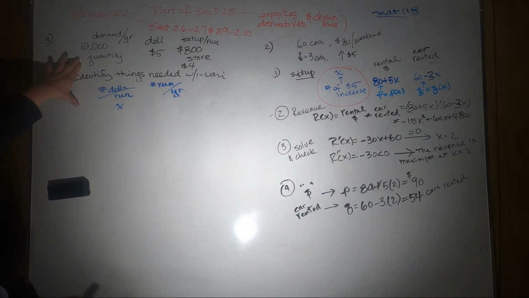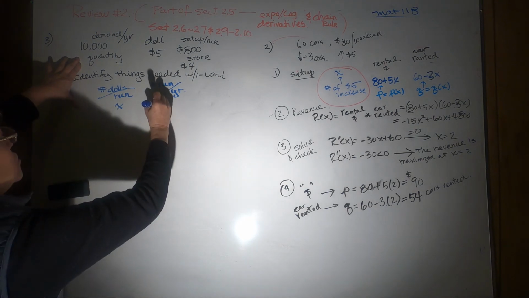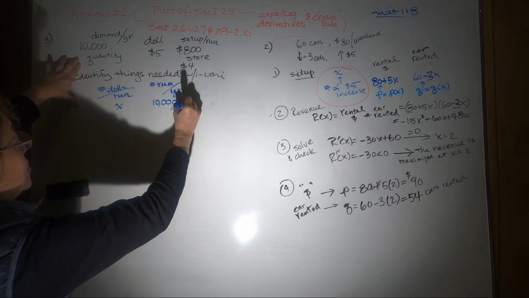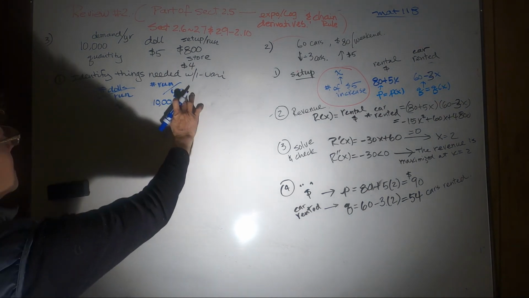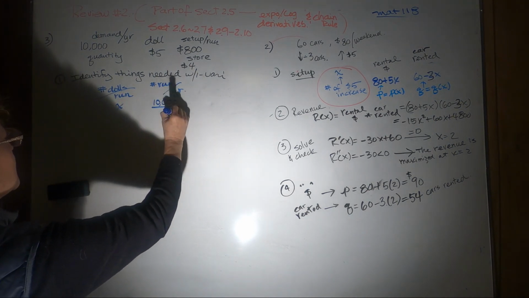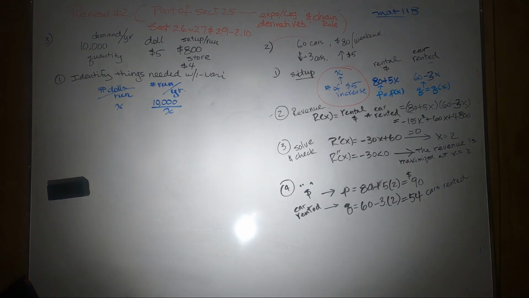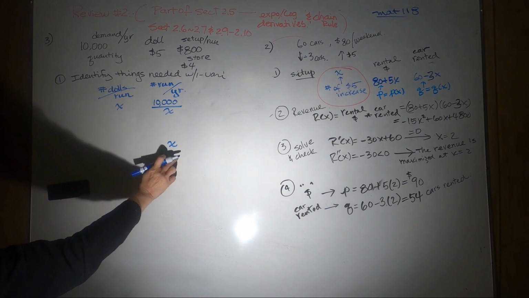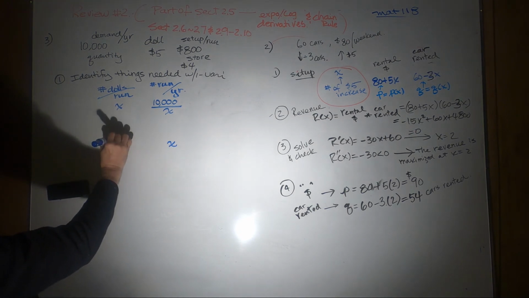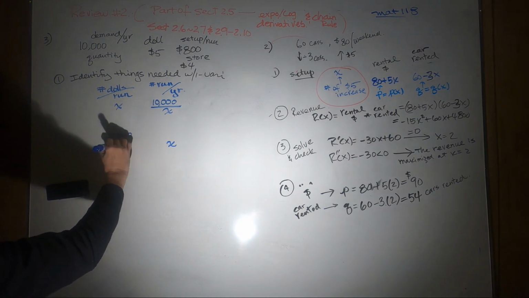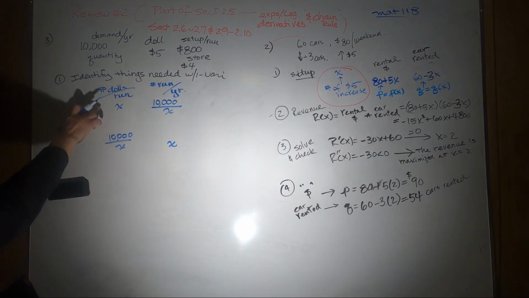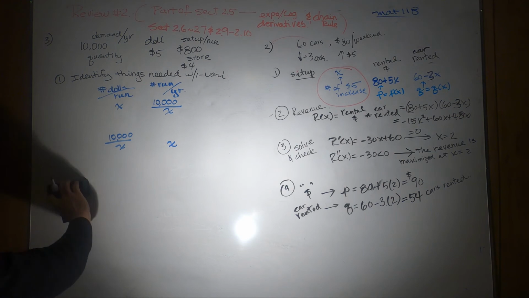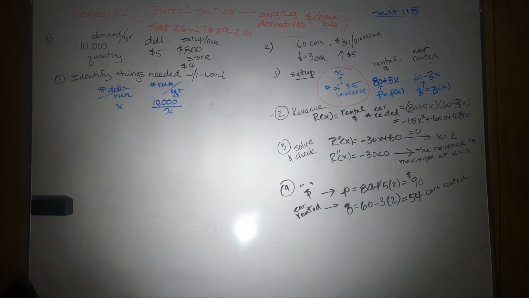Because if you do it this way, X is how many dolls per run. Then the total will be 10,000. Then you do what? 10,000 divided by X, right? That would be how many runs per year. If you set X as the number of runs per year, then you find how many dolls will be produced. Either one will work, okay?